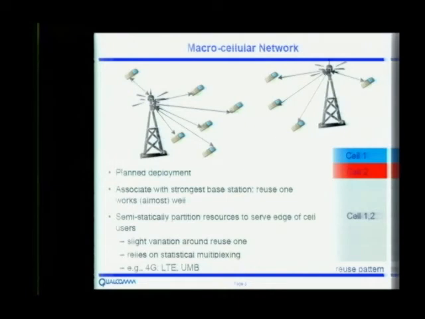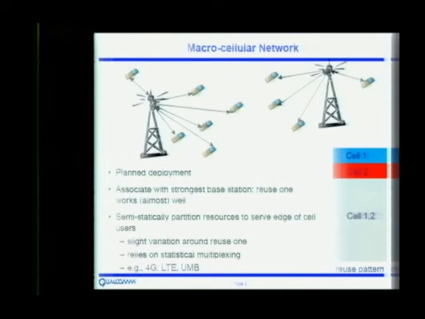Before delving deeper into what the challenges of femto networks are, let's first take a step back and see what we do for interference management in a cellular setting for OFDM networks. The good thing about macrocellular deployments is they're planned very carefully, which helps ensure coverage and decent assignments.